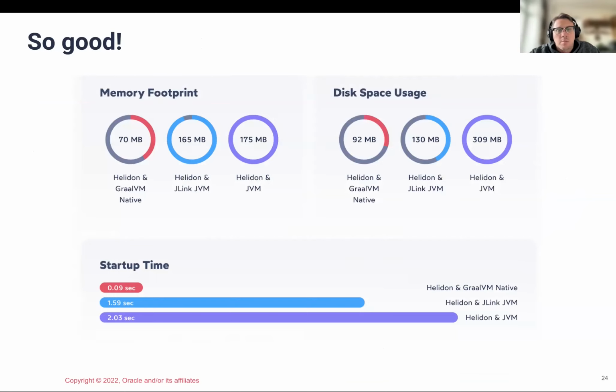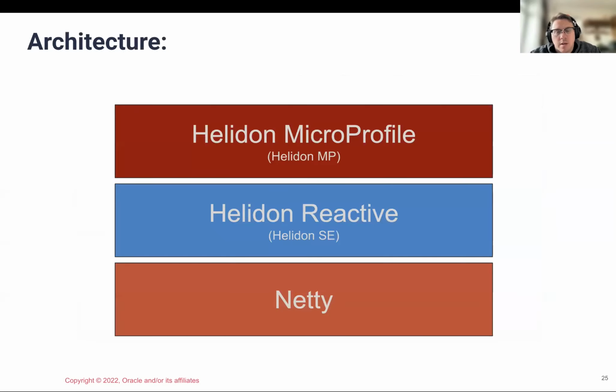That means that memory footprint and disk usage are small, and the startup times are really wonderful. But you see that there is this third metric. That means that with Helidon, since it's modular out of the box, you can build completely custom images containing only the application and only the JVM with modules that are required to be used there.